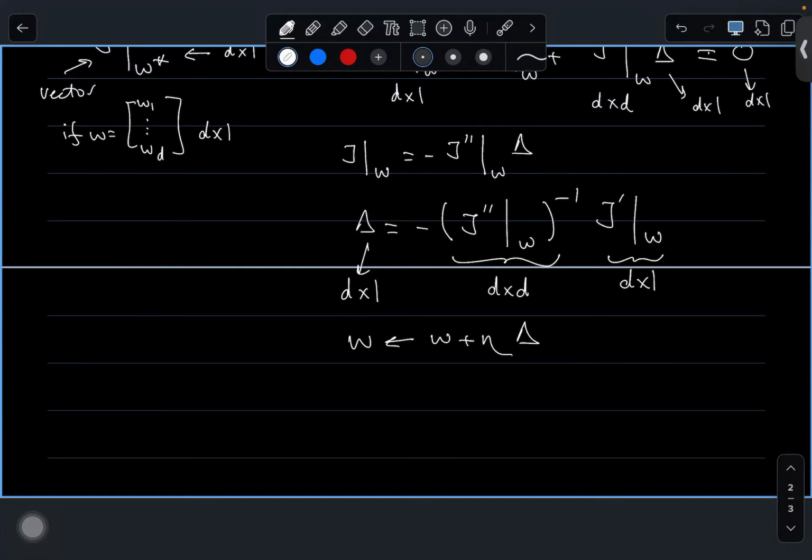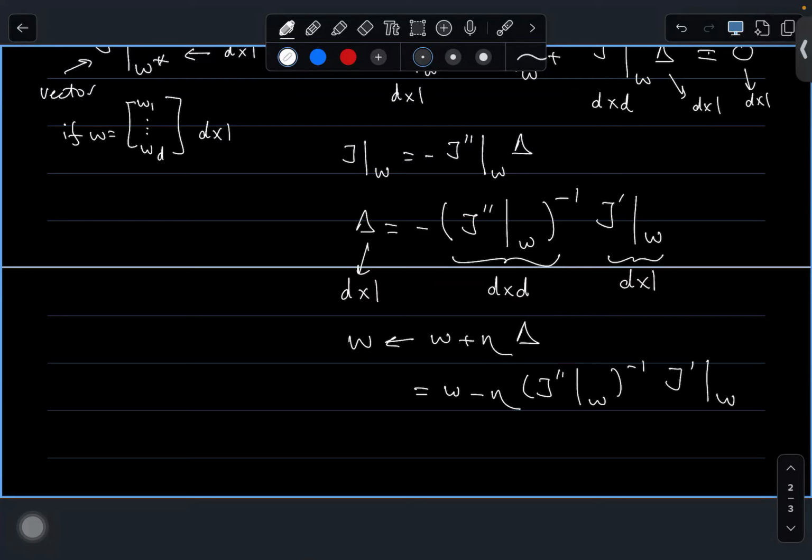Okay, so that means W plus eta times, in this case, a minus eta times the inverse second derivative times the first derivative. This tells us that we can scale our learning rule so that we're not just finding the gradient, but also the second derivative of it.